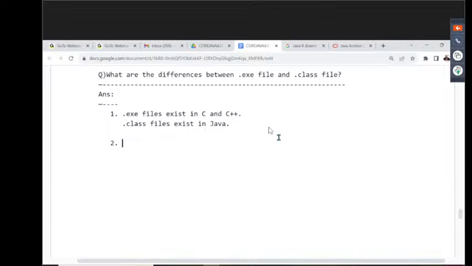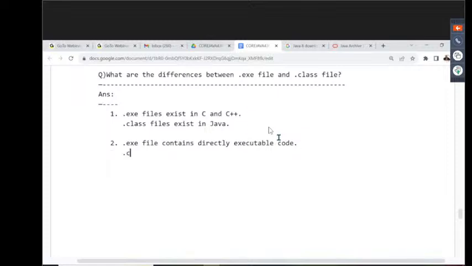Got it or not? .exe files exist in C and C++, whereas .class files exist in Java. An .exe file contains directly executable code. Observe carefully.